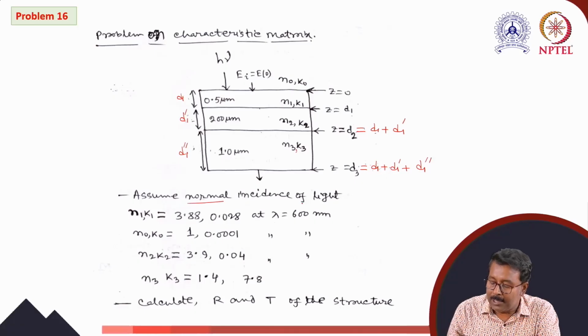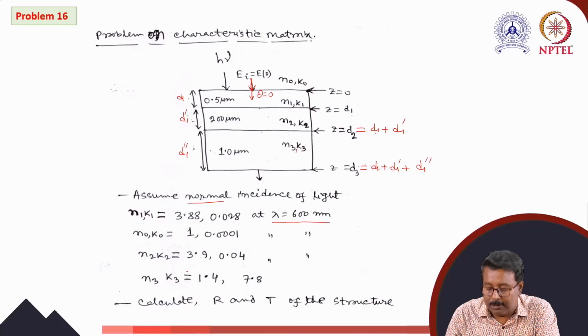Now all these values are given. Assume normal incidence of light. Normal incidence of light means the incident theta is 0. Also inside this first layer, you can take theta as 0. Values of N1, K1 are given at a particular wavelength, say 600 nanometer, because these values will change with the wavelength.